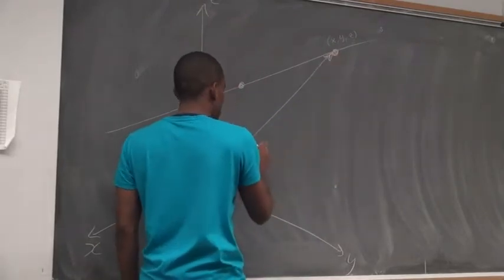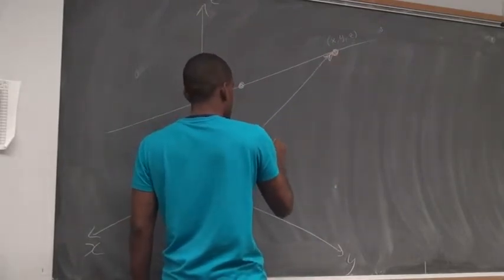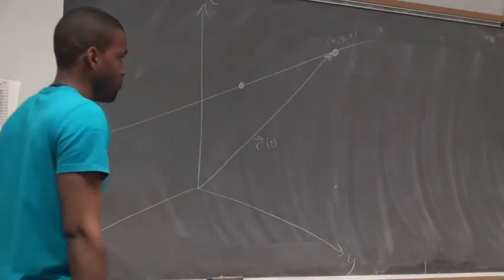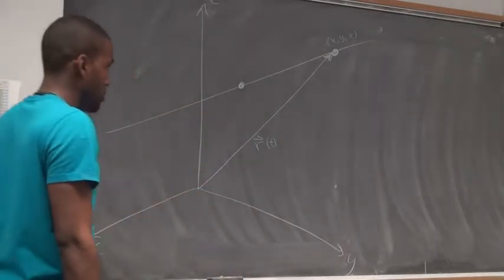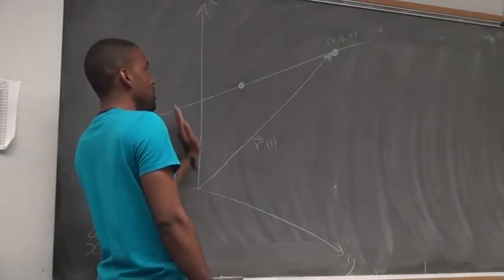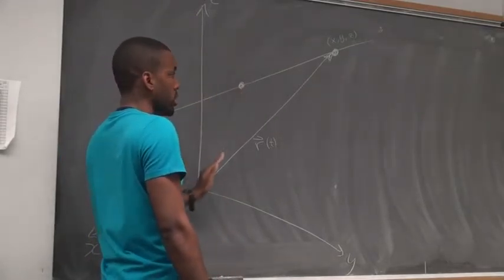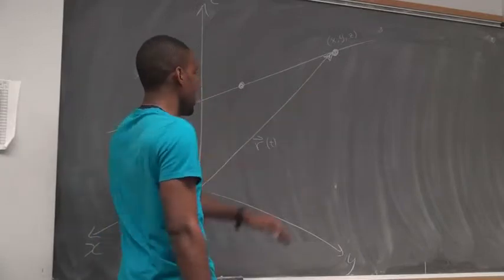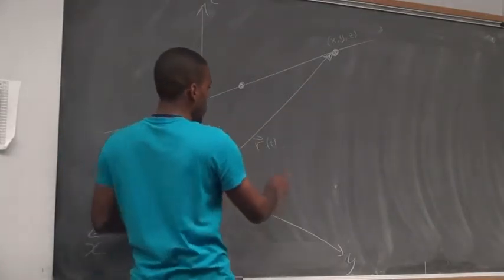It gives you the general point. This is your r of t. So this vector traces out all points along this line. As your t value varies, you get a different point on the line, and this vector tells you how to find it. Just follow the position vector r of t.